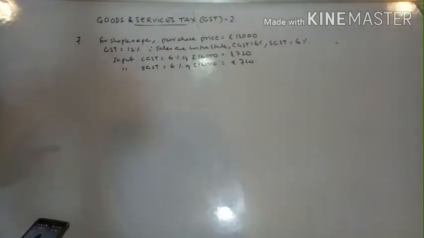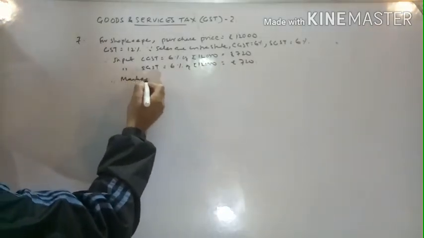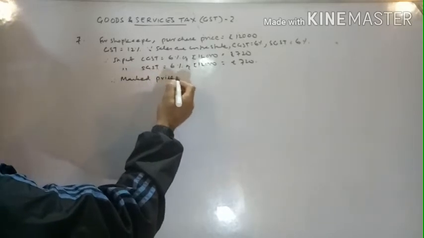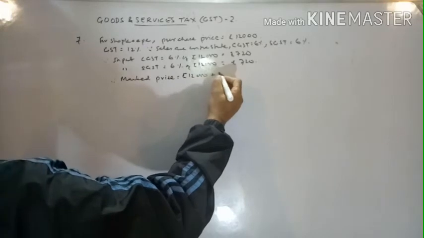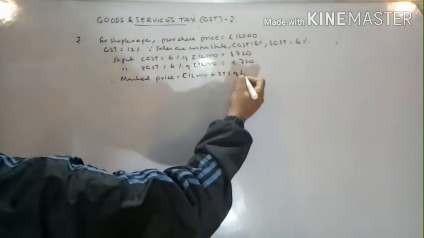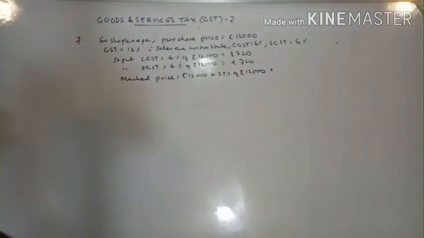Now you have to read the question carefully. It says the shopkeeper marks up its price by 25%. So therefore marked price is equal to 12,000 rupees plus 25% of rupees 12,000, because he increases 25%.